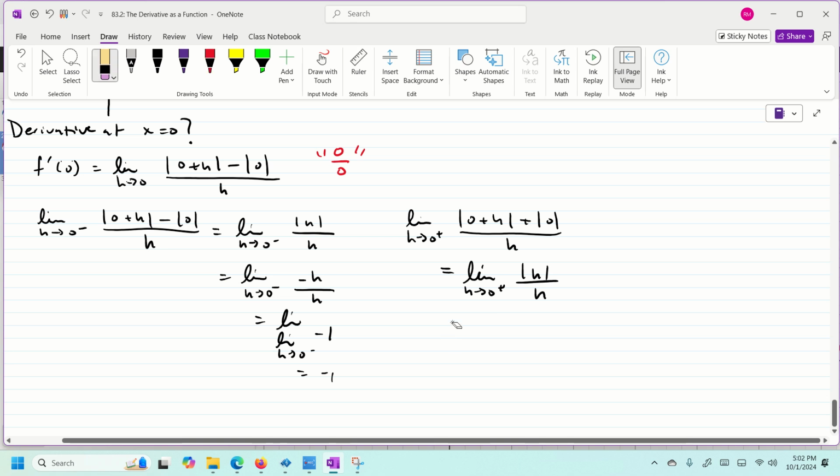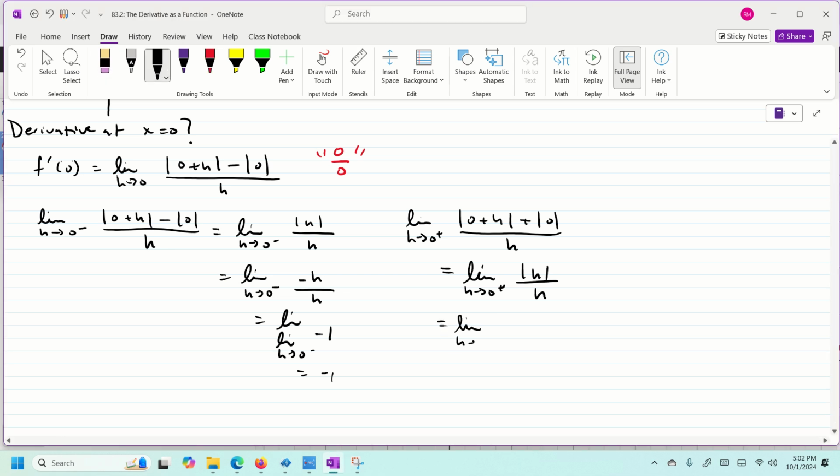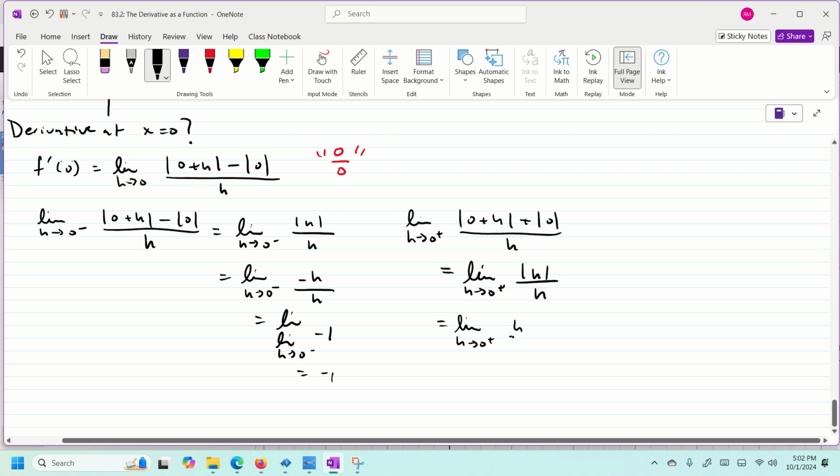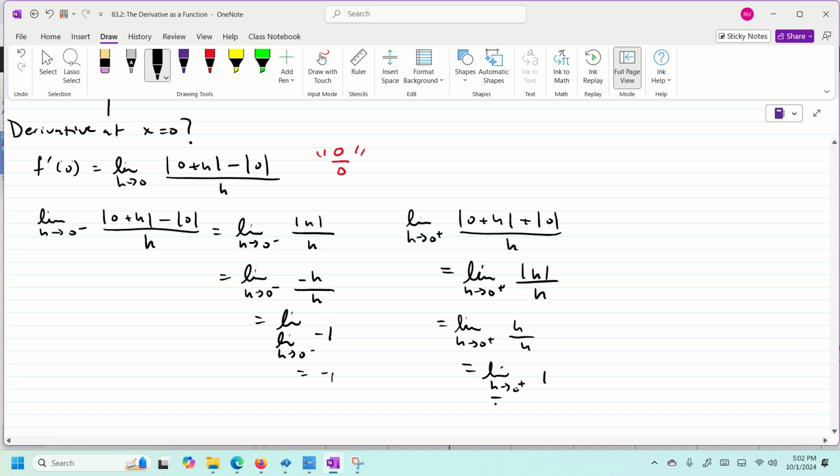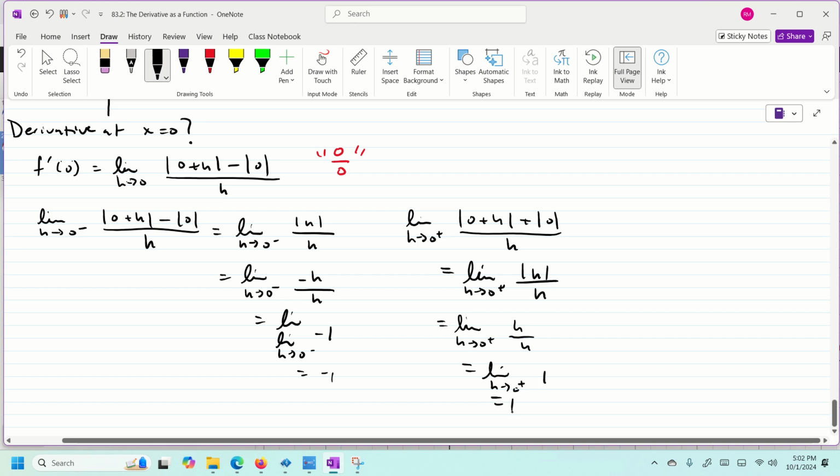So this becomes the limit as h goes to 0 from the positive side of h over h, which is simply 1. So the limit is going to be 1. From the left-hand side, the limit is negative 1. From the right-hand side, the limit is positive 1.